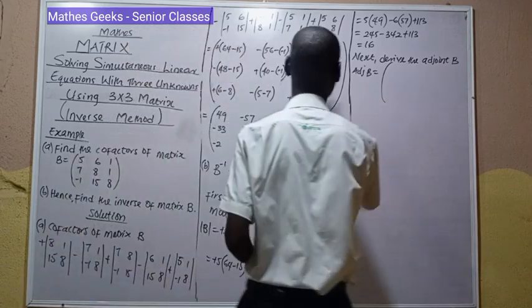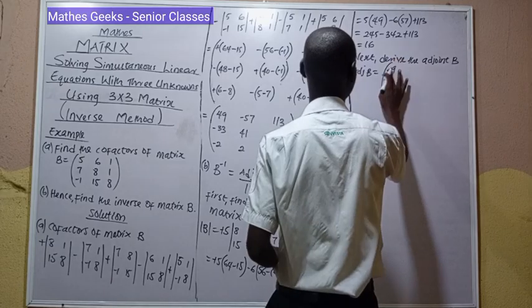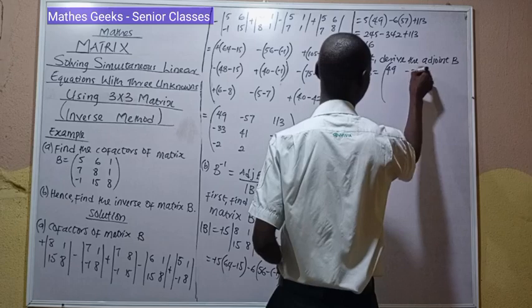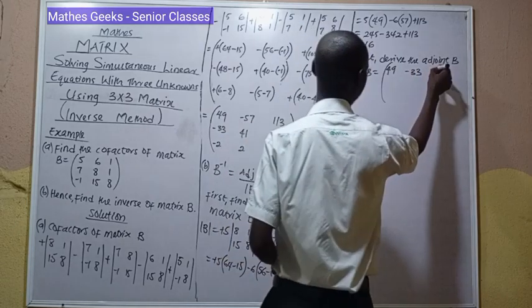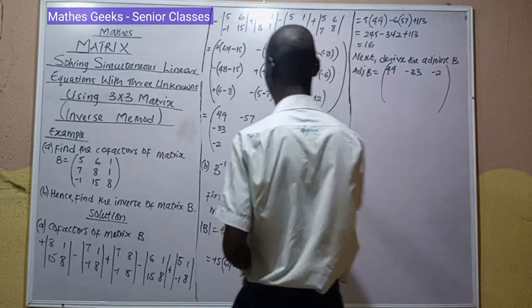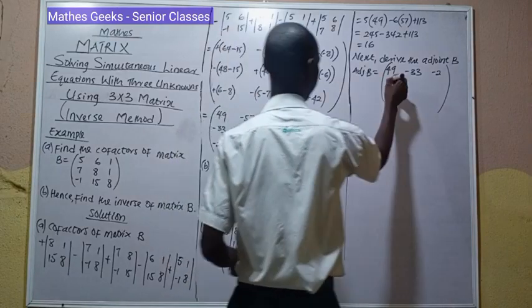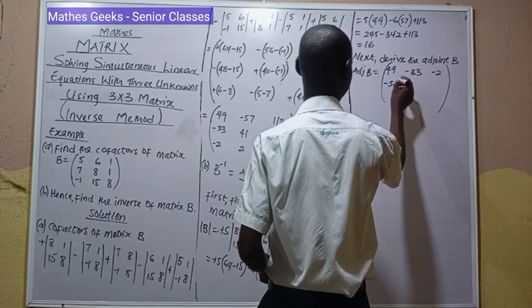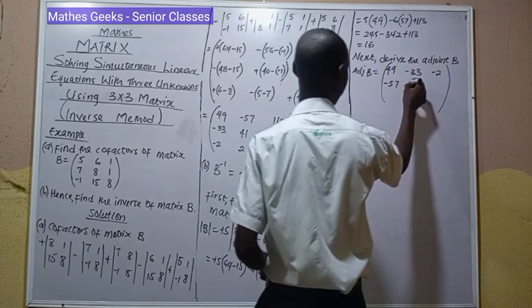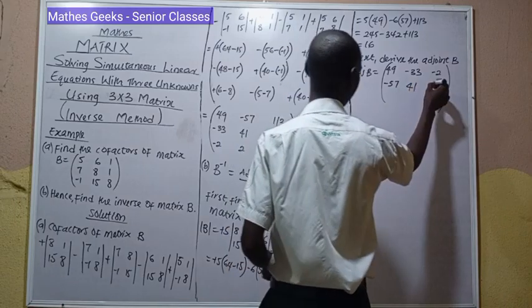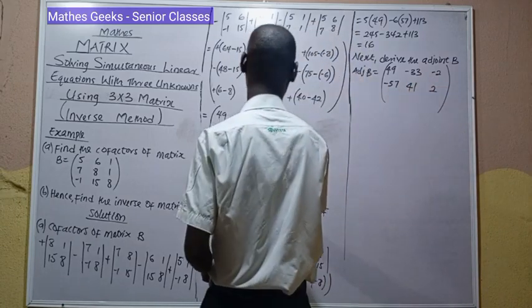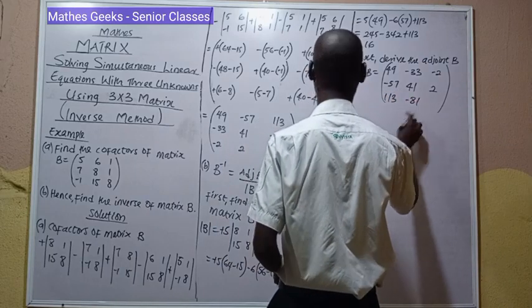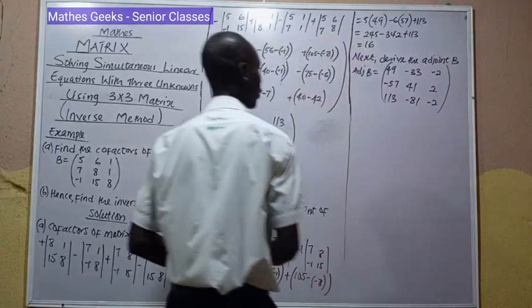I'm going to start with the first column: 49, minus 33, minus 2. Then minus 57, 41, 2. Then 113, minus 81, minus 2. So that's the adjoint.